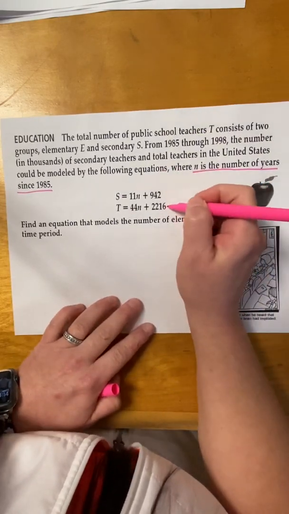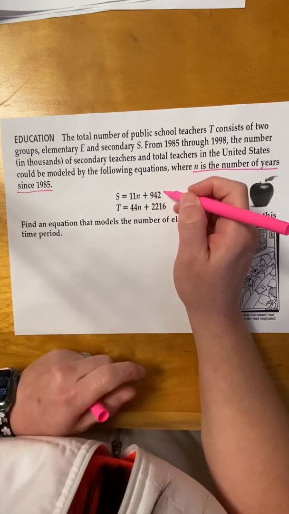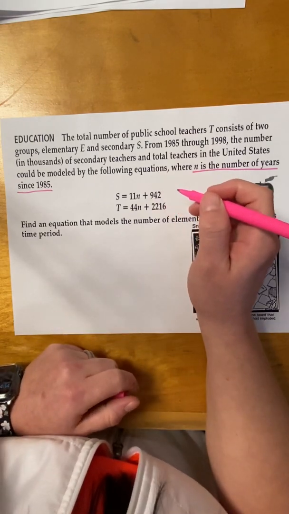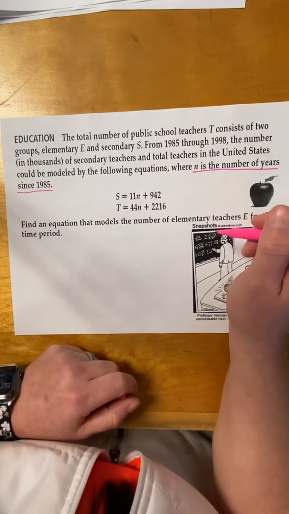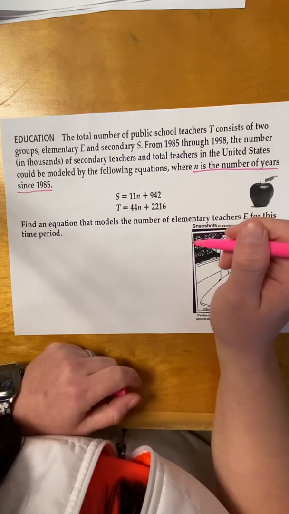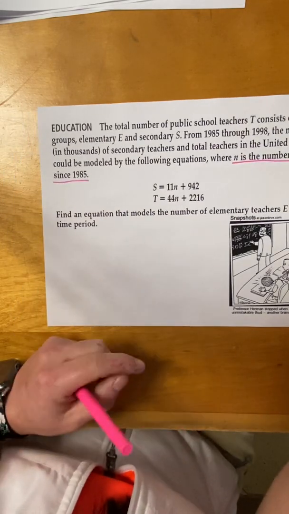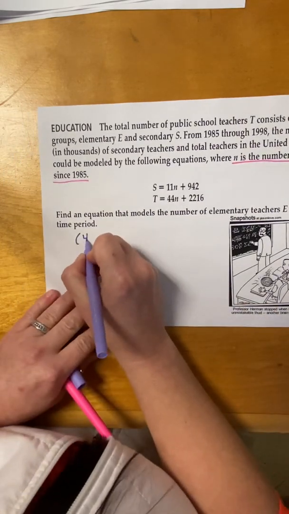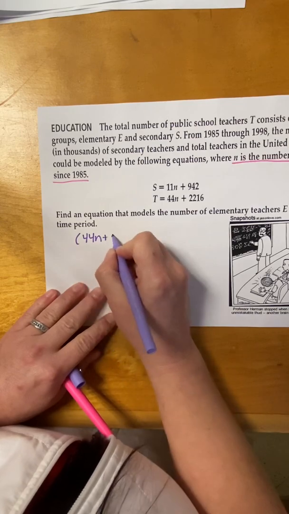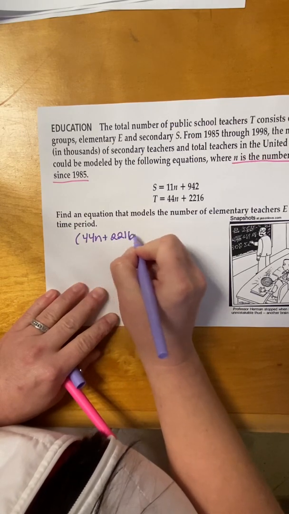So if we have total teachers and secondary teachers, what operation will we have to do to find the elementary teachers? That'll be subtraction. So we'll take the total number, which is 44N plus 2,216.